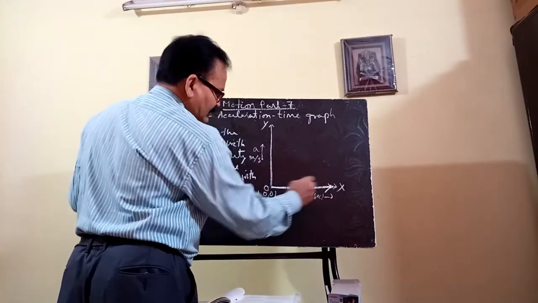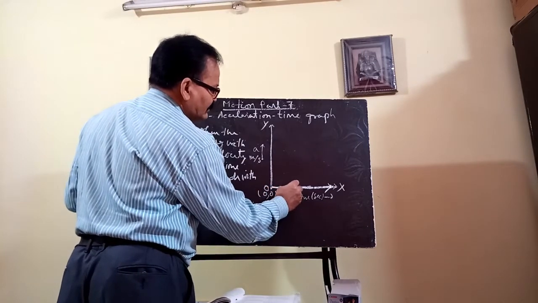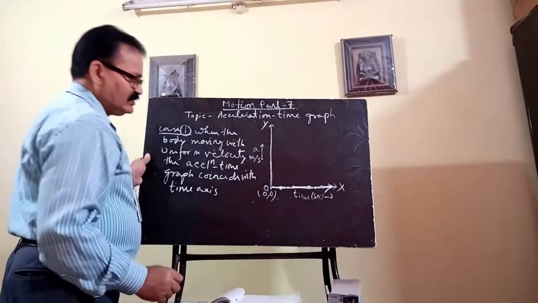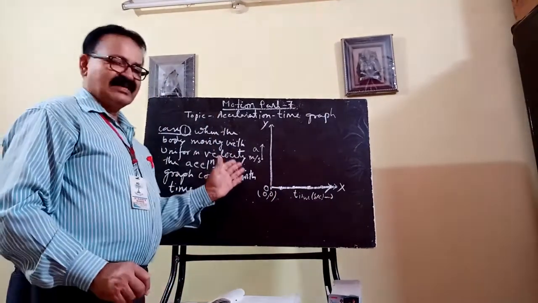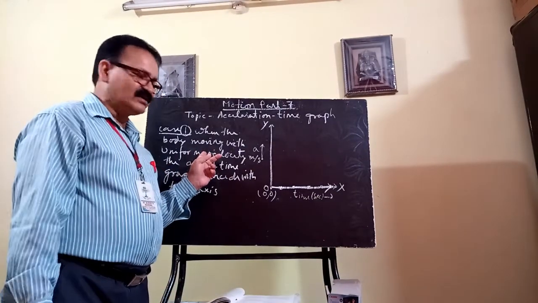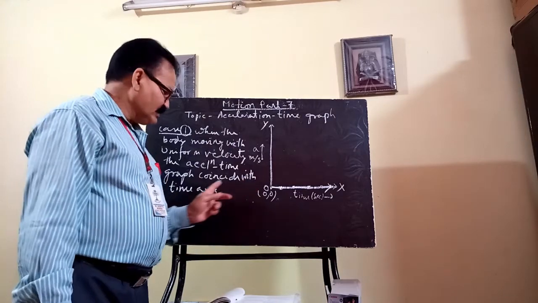So this is the graph. Suppose after 1 second, 2 seconds, 3 seconds, the velocity is uniform. That means velocity is neither increasing nor decreasing, so acceleration becomes 0.